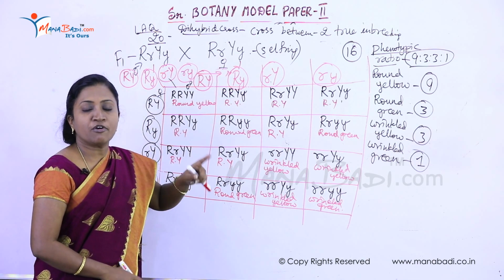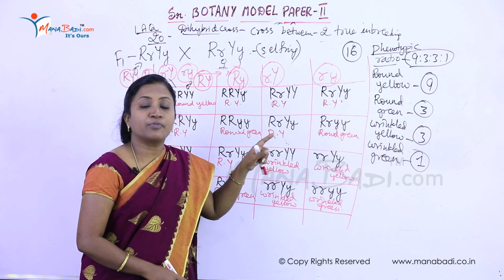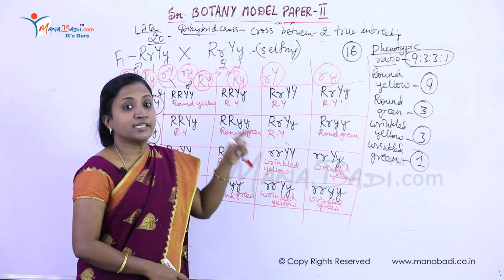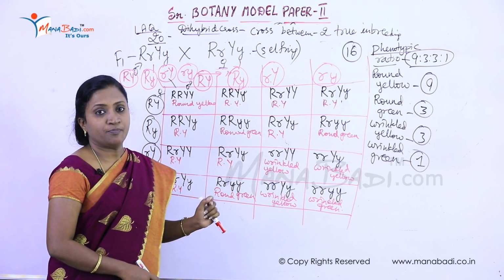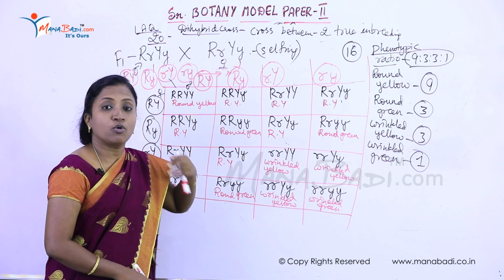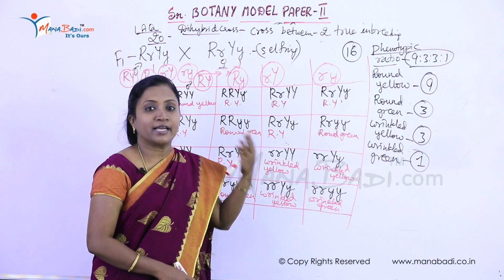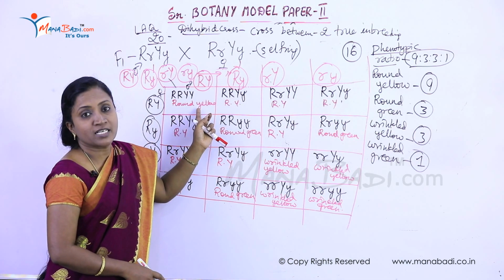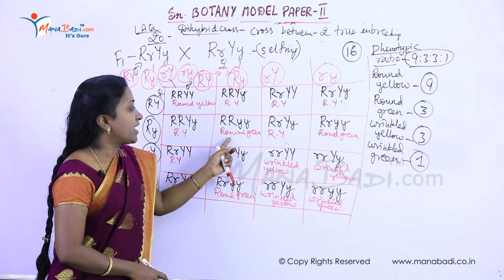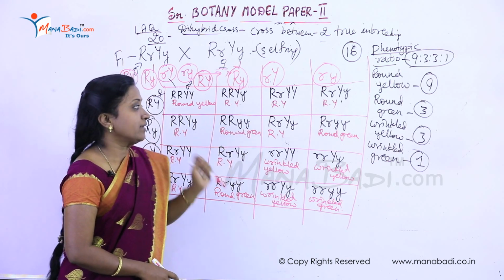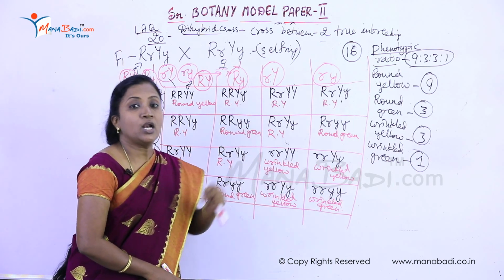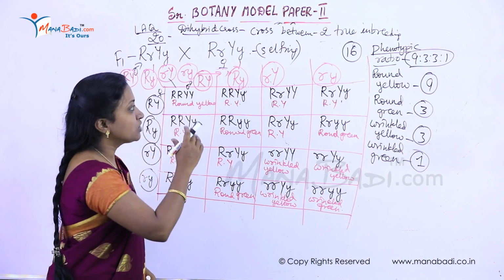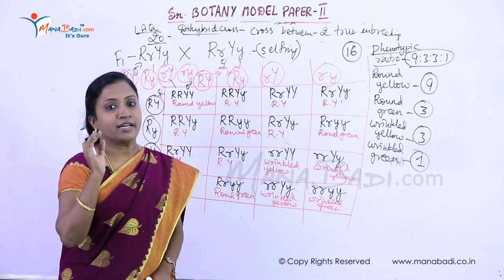The total number of offspring produced in this F2 generation is 16. Out of that, 9 are round yellow, 3 are round green, 3 are wrinkled yellow, and there is only one plant that is wrinkled green. So that's the phenotypic ratio.